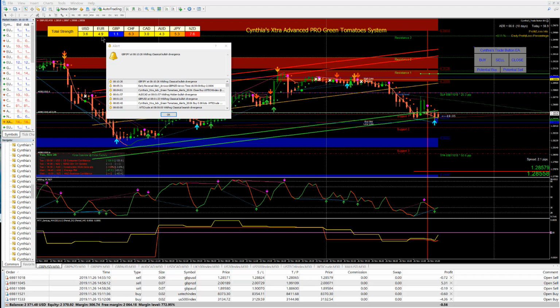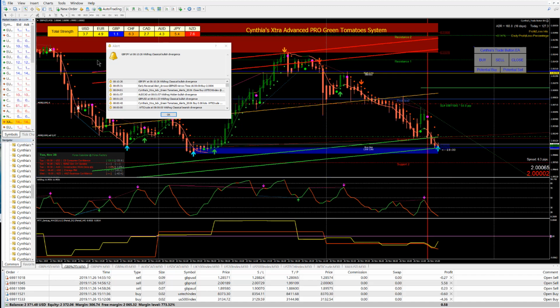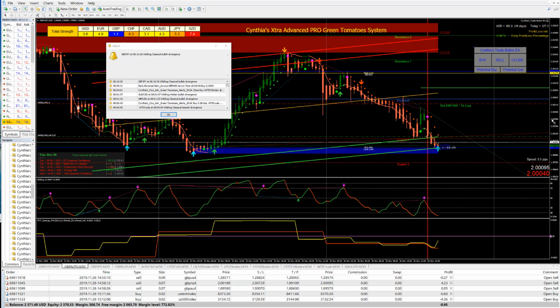But if we take a look at the pound New Zealand dollar, this was my sell at the bottom of this long candle here, because that's when I woke up and had my coffee and was looking for something to trade.